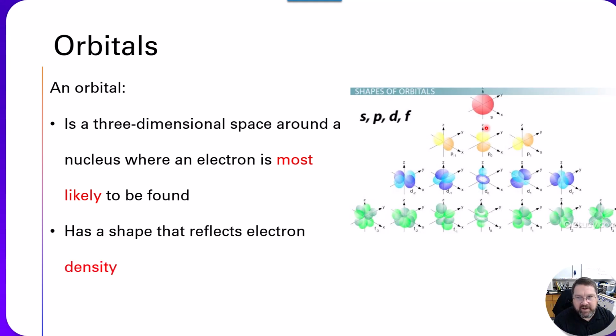In reality, what those represent are the areas that have the highest probability of finding an electron in that given space. What's more accurate to represent the area of electrons is kind of a nebulous cloud-like appearance, and that refers to the electron density. The denser the cloud is, the more likely you are to find electrons in that space.